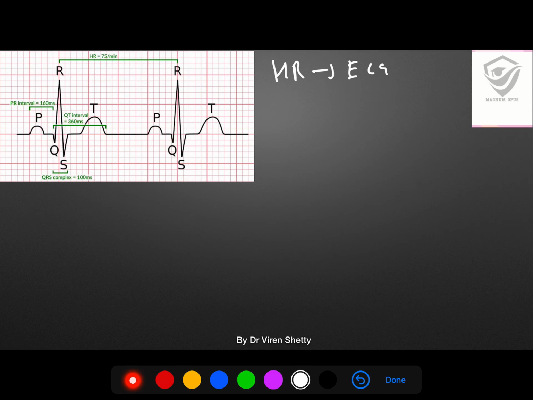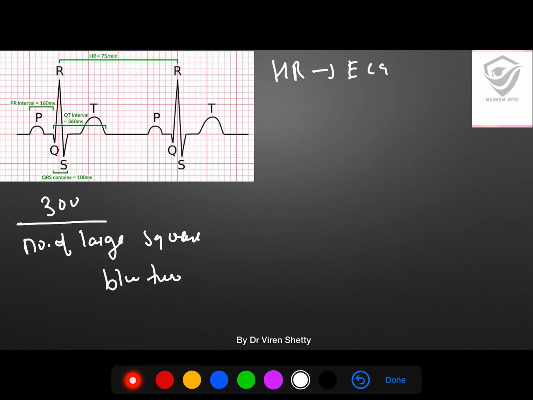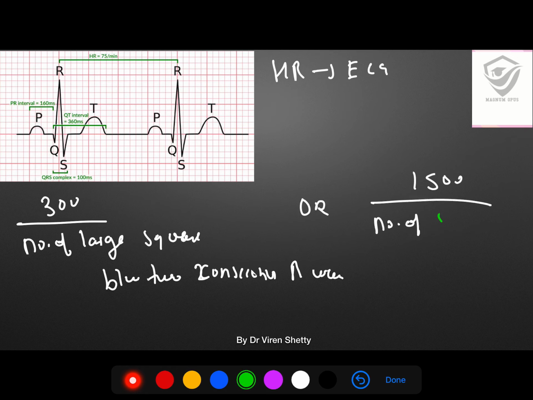The formula to calculate heart rate is 300 divided by the number of large squares between two consecutive R waves, or the formula is 1500 divided by the number of small squares between two consecutive R waves.